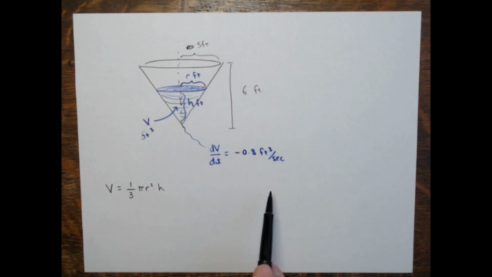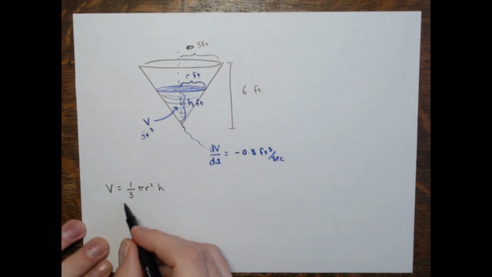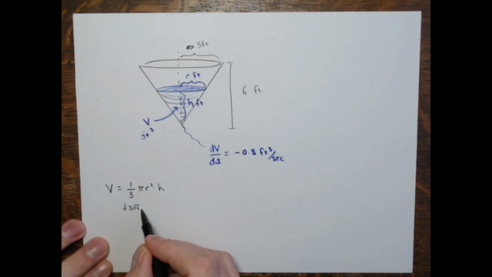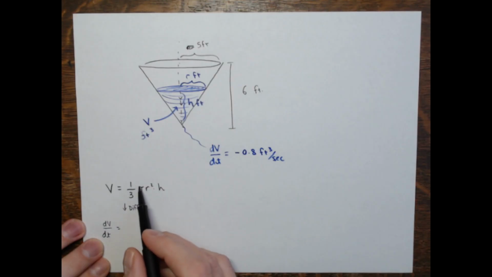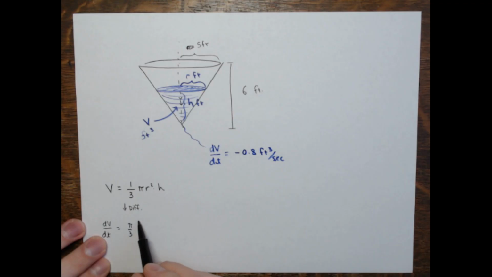Now I could do a related rate equation. I could differentiate both sides of this with respect to time. We'd have dV/dt on the left, and then this 1/3 pi, or pi over 3, is a constant, so I'll keep that out, and then we'll do product rule with r squared times h.